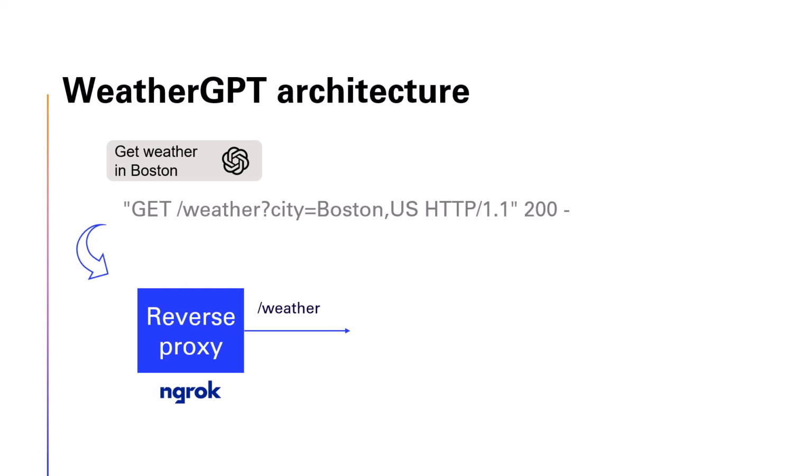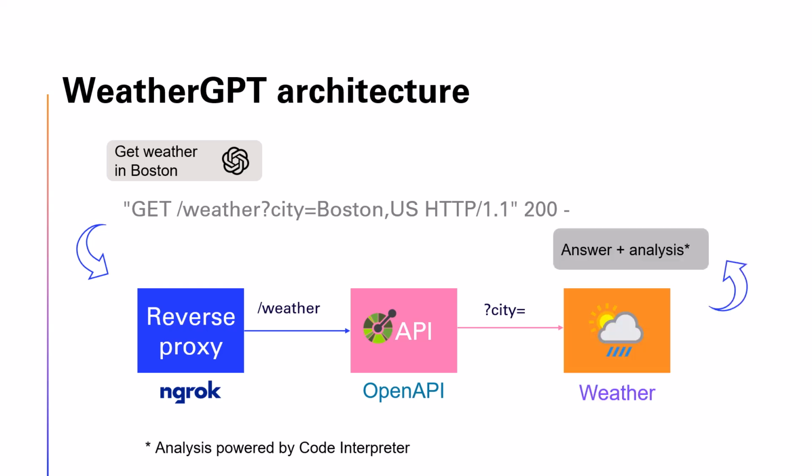And what we'll be using here for local development is a reverse proxy called ngrok. It's going to go inside of your machine, check for the API and the city, and then get the weather and return the answer. We may see in the future how we can also do analysis to produce graphs or stuff like that with Code Interpreter.